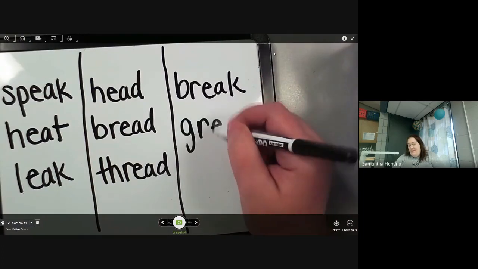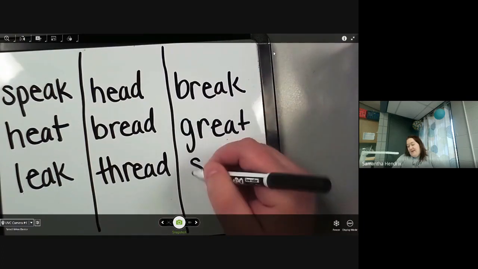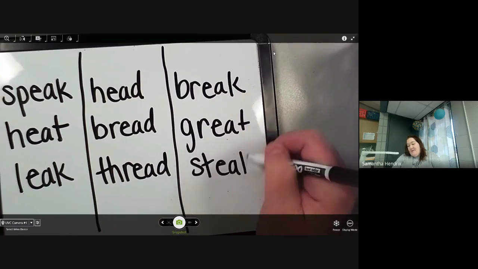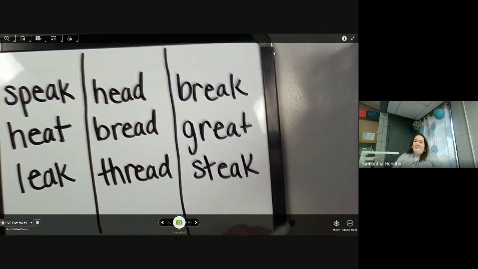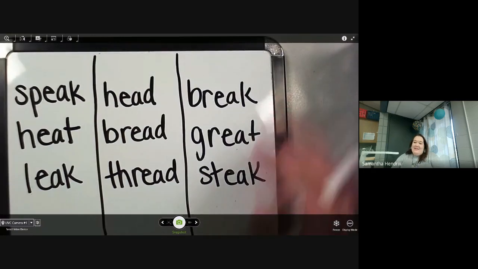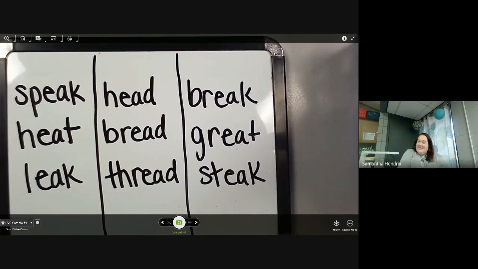Great. Steak. English is hard, guys. We got it. What do we hear making the A sound? Digraph EA? No way! Digraph EA says 3 sounds? No.